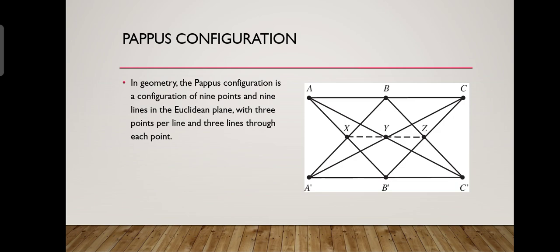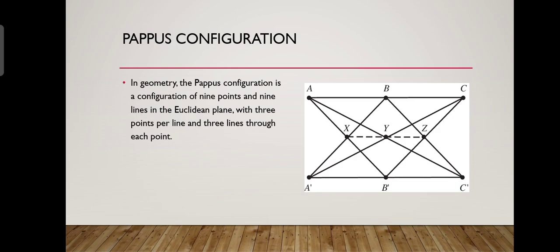As we can see in the figure, based on the definition, it has 9 points and 9 lines. 9 points like points A, B, C, X, Y, Z, and A prime, B prime, C prime. And 9 lines like line AC, AC prime, AB prime, and so on.